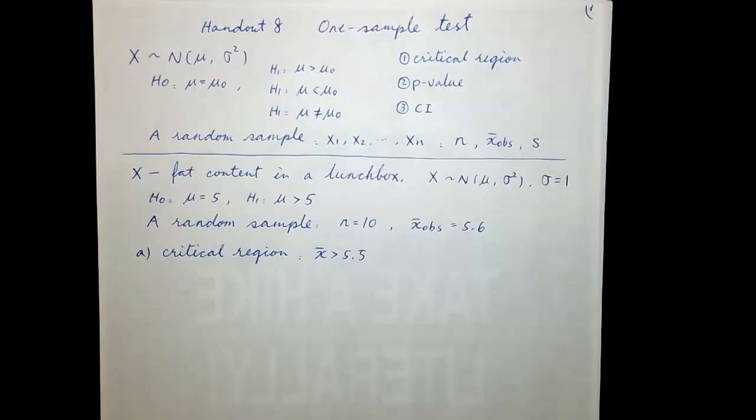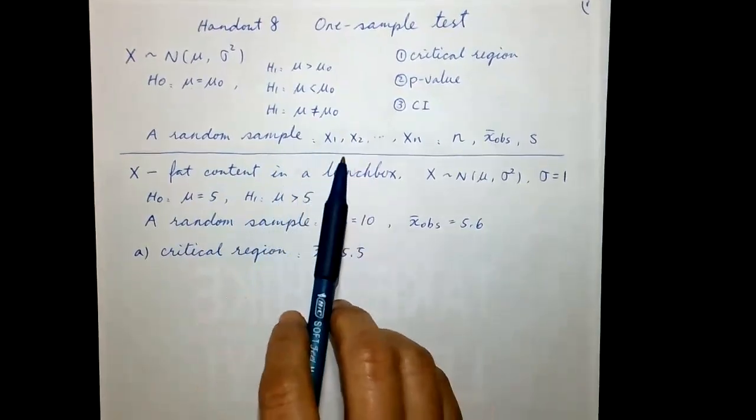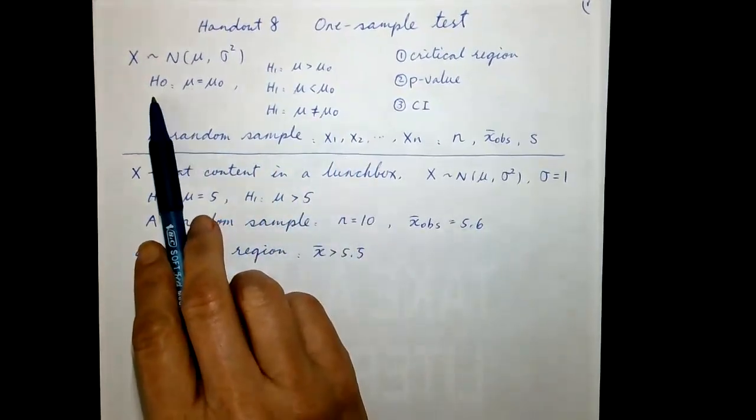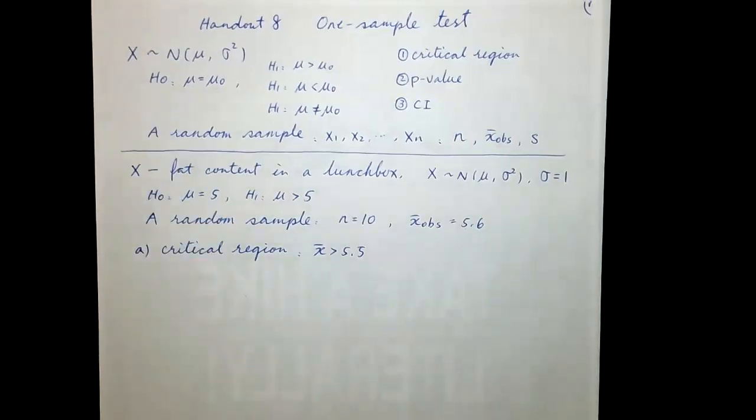You have to give a critical region by yourself. A critical region is a region such that if your sample is too bad in supporting H naught, then you reject H naught. Very straightforward.